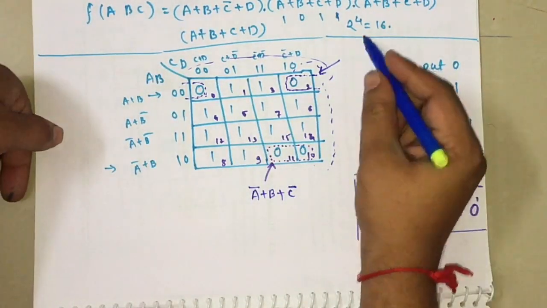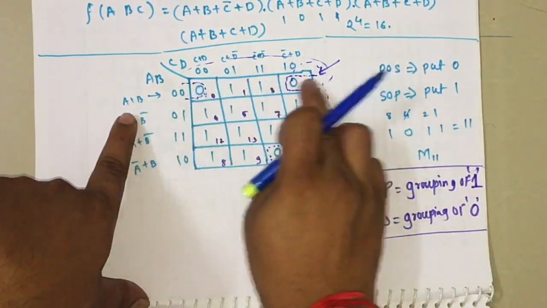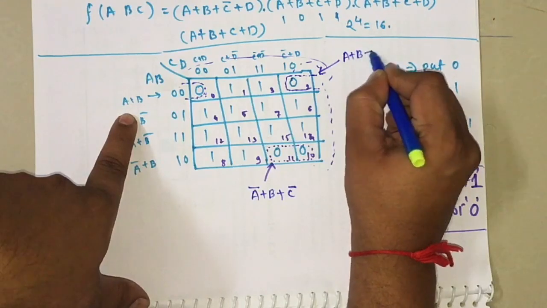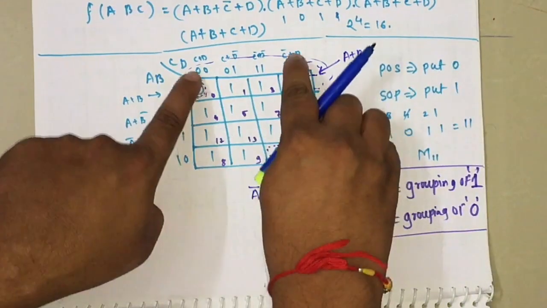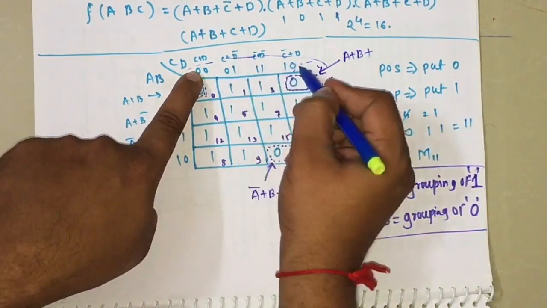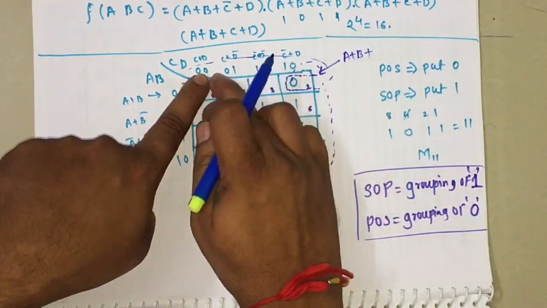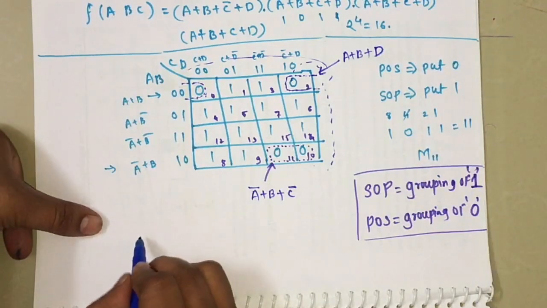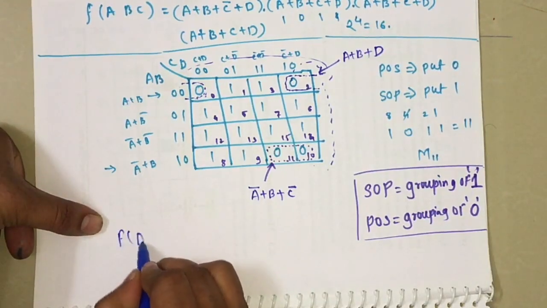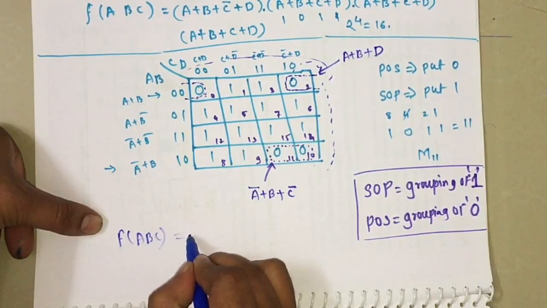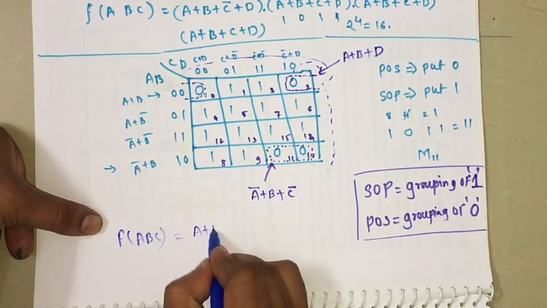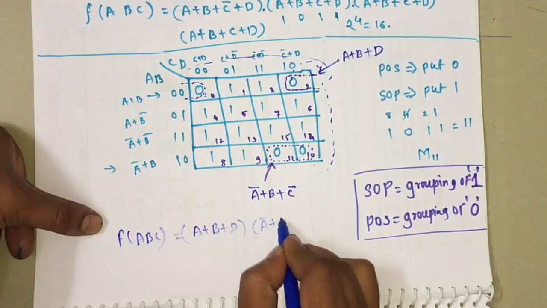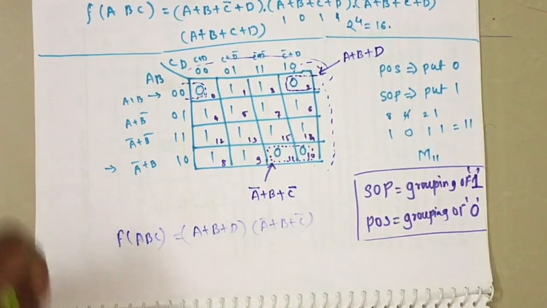For the second pair, the row value is A plus B, and the common zero on the left-hand side is D. So the final function of ABC is equal to (A plus B plus D) into (A bar plus B plus C bar).